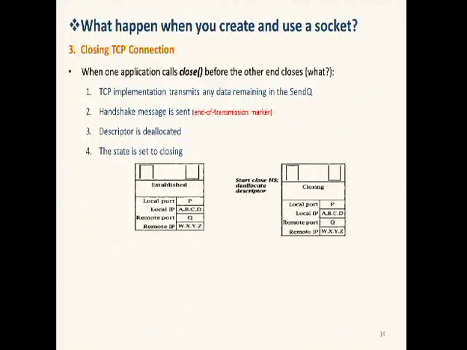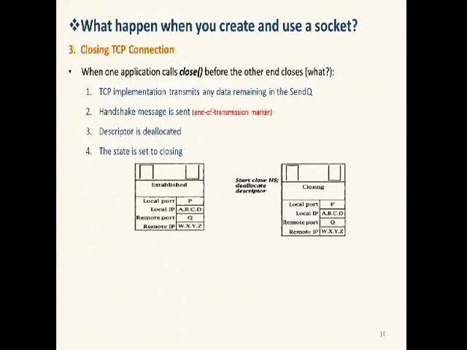Okay? So before we close the connection, remember one thing. Whoever initiates closing the connection will send all the data we have in the send queue. And it says, I no longer have anything that I need to send to you. And then the second thing, a handshake message is sent. And I said between parentheses there, end of transmission.